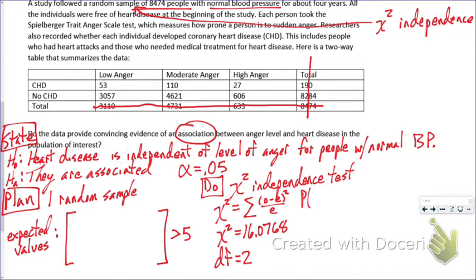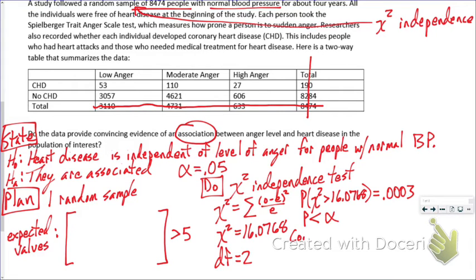The p-value, that looks bad. Let me rewrite that. Some of y'all might have gotten it in scientific notation. You know, if we have that many zeros, you're safe to just write approximately 0. It's less than alpha.